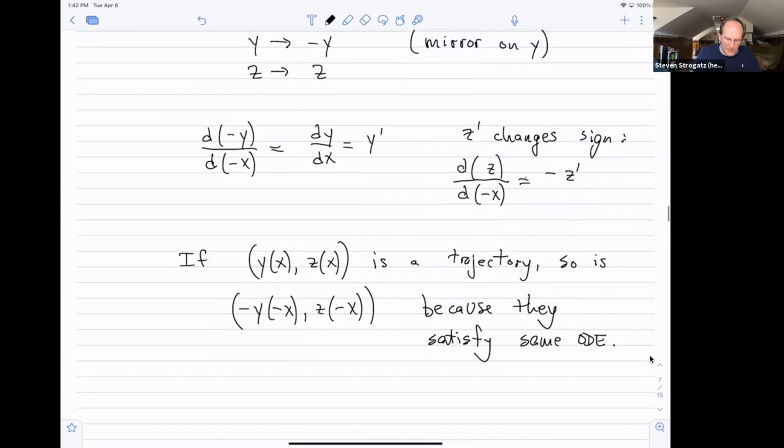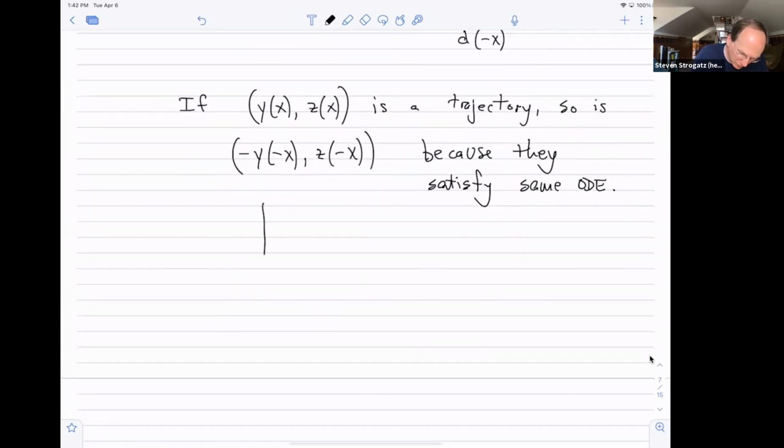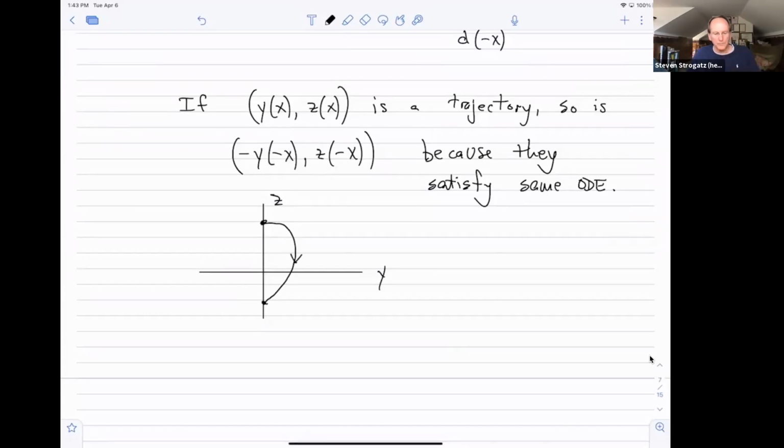So what that boils down to is, if I have a picture, like I argued earlier, in which some trajectory starts on this z-axis, comes around, and then hits again, think of that as the y of x, z of x part of the trajectory, this part. And then I'm claiming that its mirror image across the z-axis is also a trajectory, but with time running backwards.